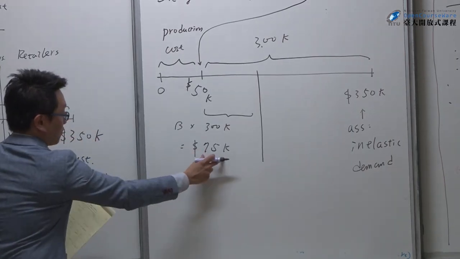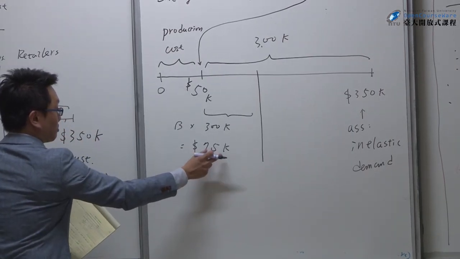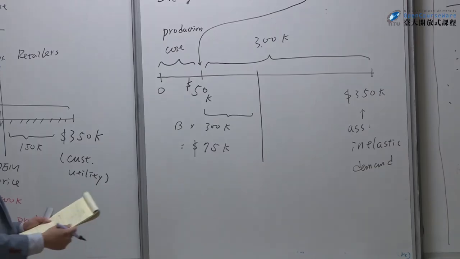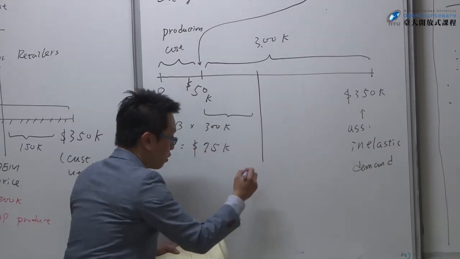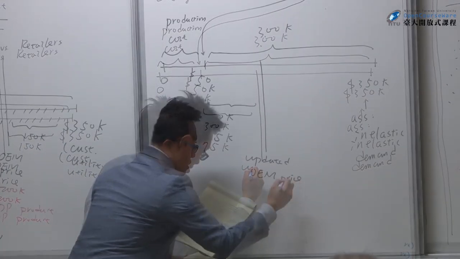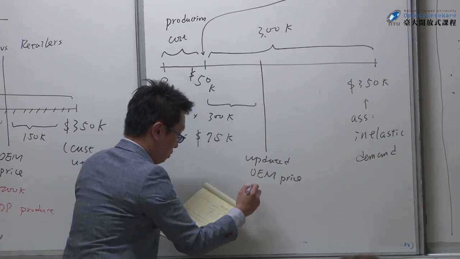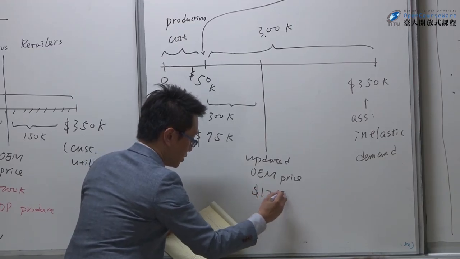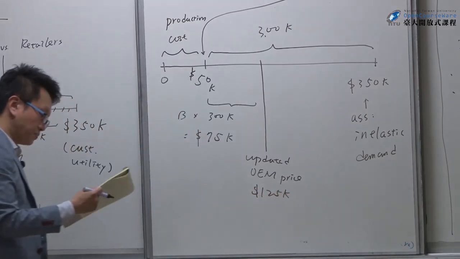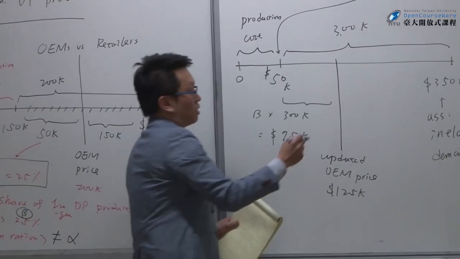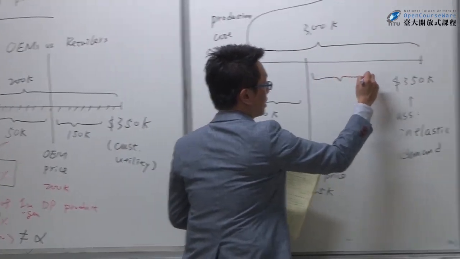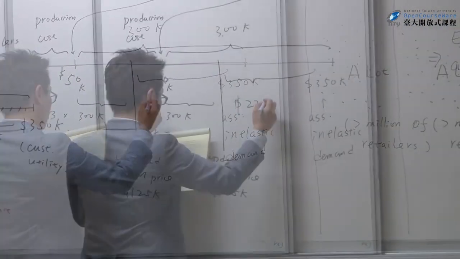After I know 75K will be obtained by OEM, I know the new or updated OEM price. This will be 125K. Retailer will get value of 225K.